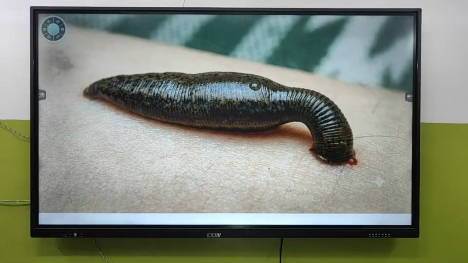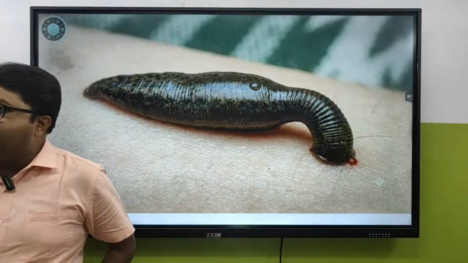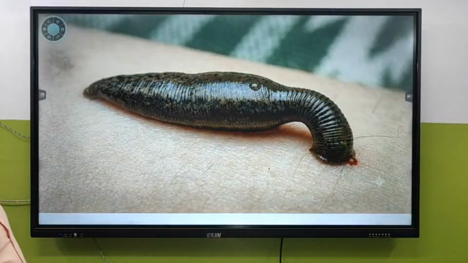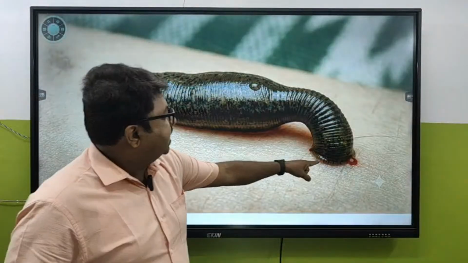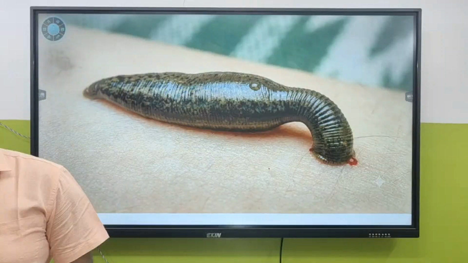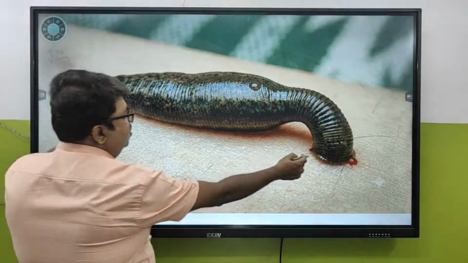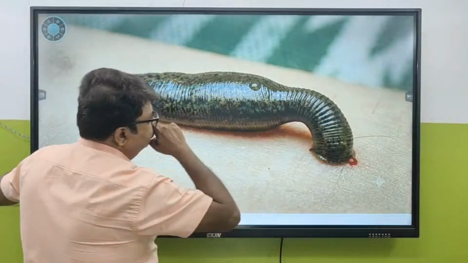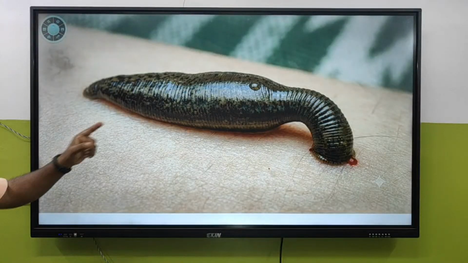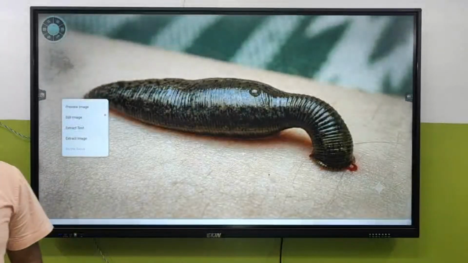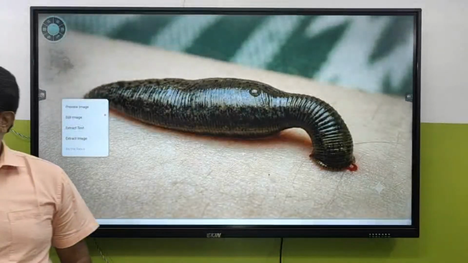Tell me this. Hirudinaria granulosa. They are suckers, see? Sanguivorous animals. They suck blood with the sucker. No clitellum present, clitellum is present only during reproduction.